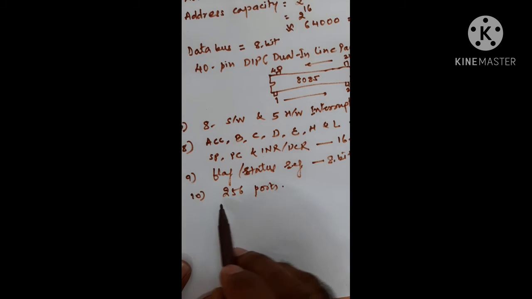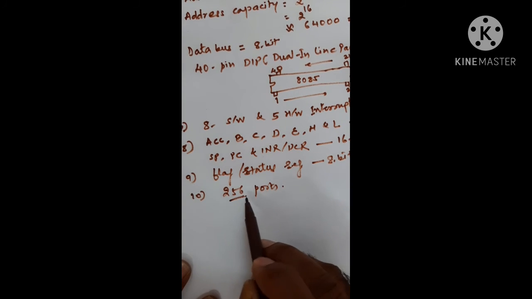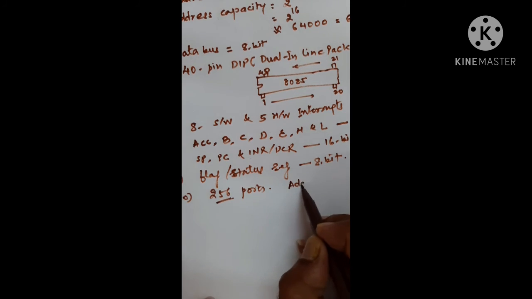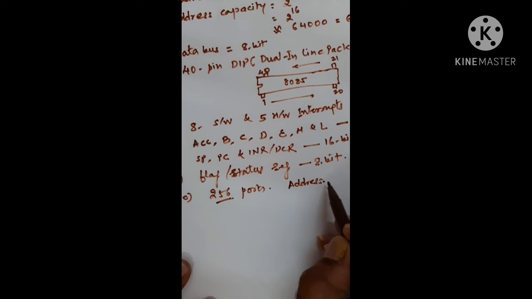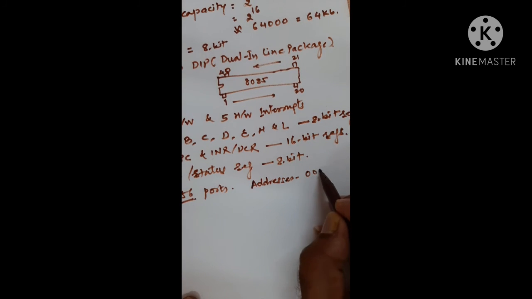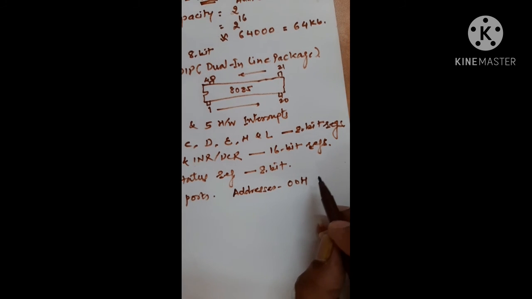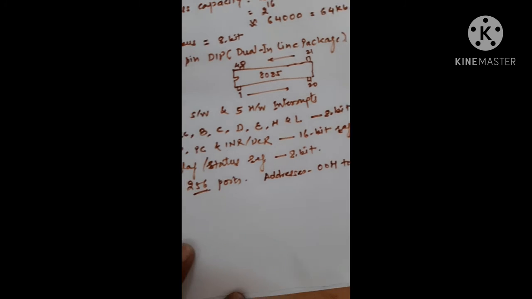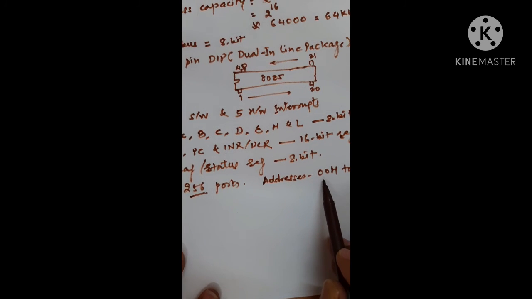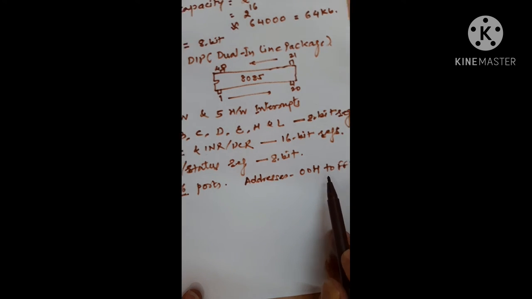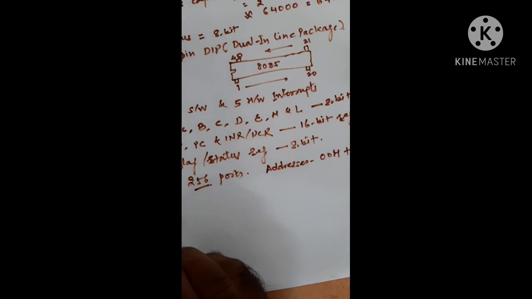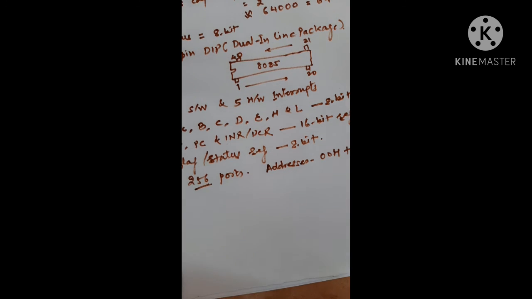So the 8085 MUPI supports 256 ports, and these are the port addresses, 00H, that means the number is in hexadecimal, to FFH. These are the port addresses: 00, then 01, then 02, after 09 comes 0A, 0B like that, till FF port addresses are available. 11, we'll see this last one.